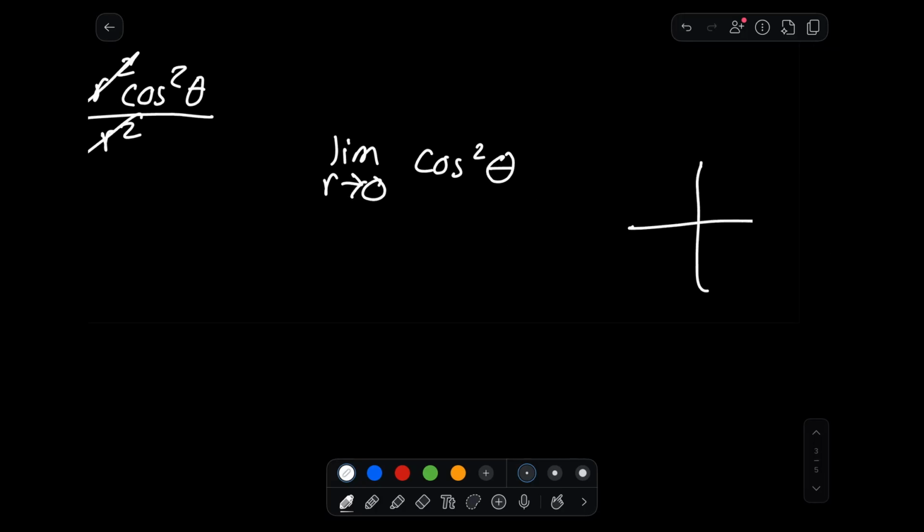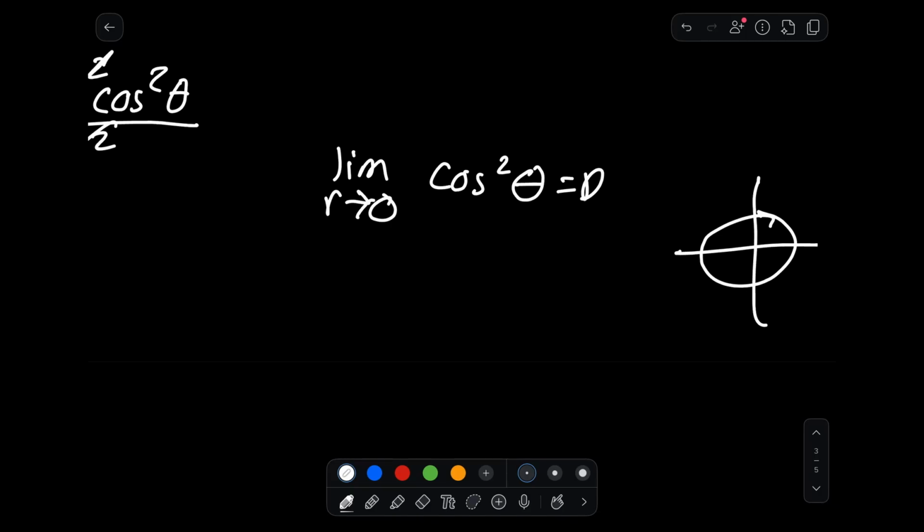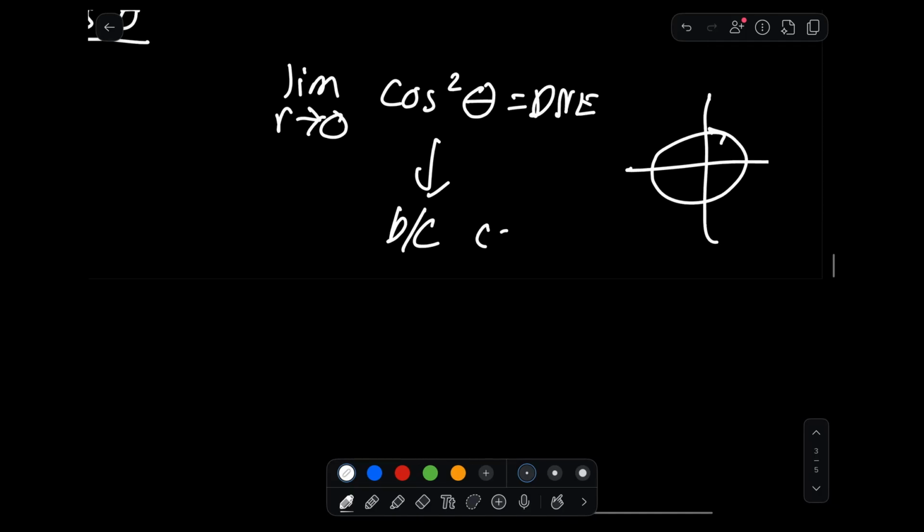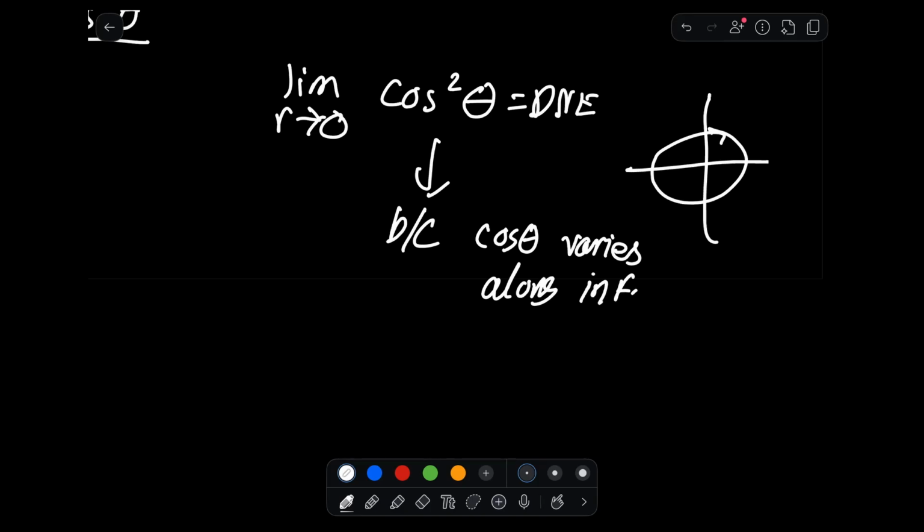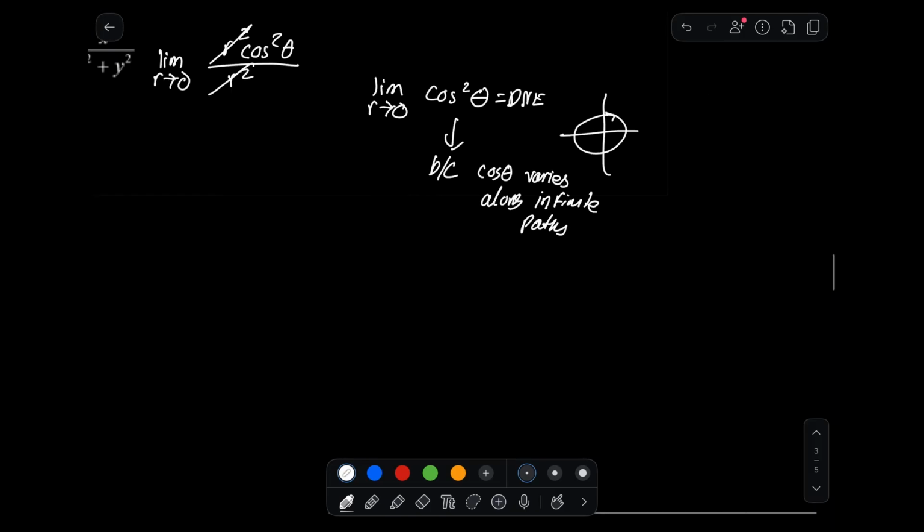If we have a circle like this, it could be any theta on this interval, and it can give us any value from 0 to 1. That's not really helpful for us, so we can just say that this limit does not exist, because cosine theta varies along infinite paths, right?